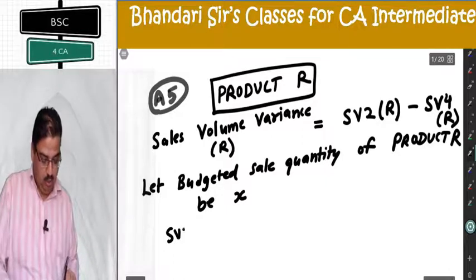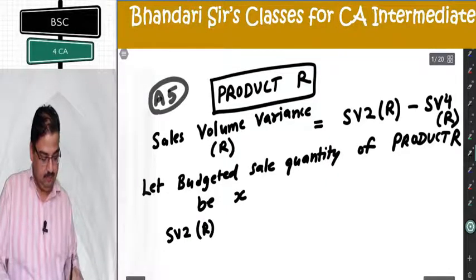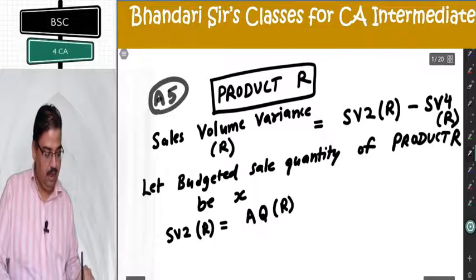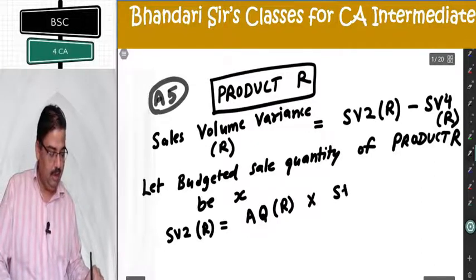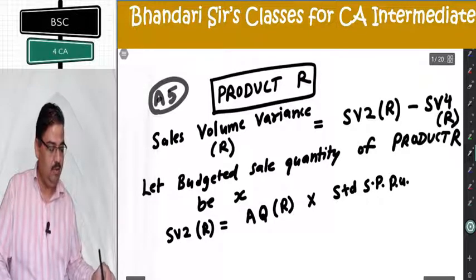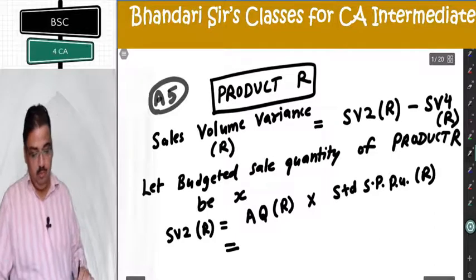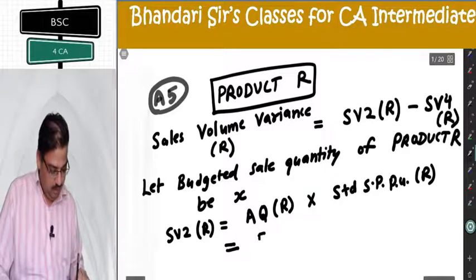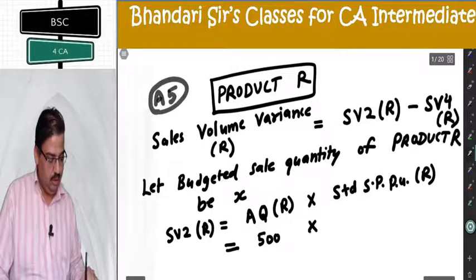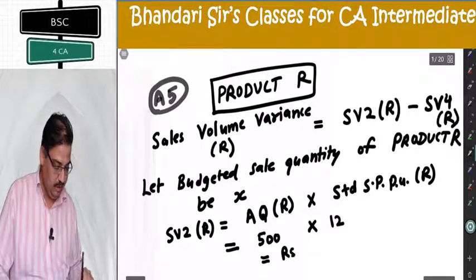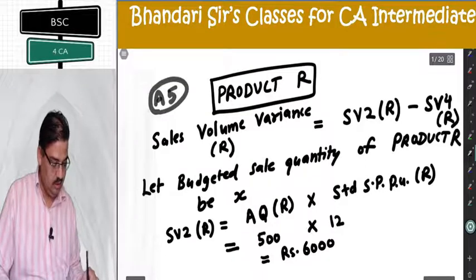So SV2 of R is equal to actual quantity of R multiplied by standard selling price per unit of R. This is equal to 500 units is actual quantity multiplied by 12 per unit. This is rupees 6,000.